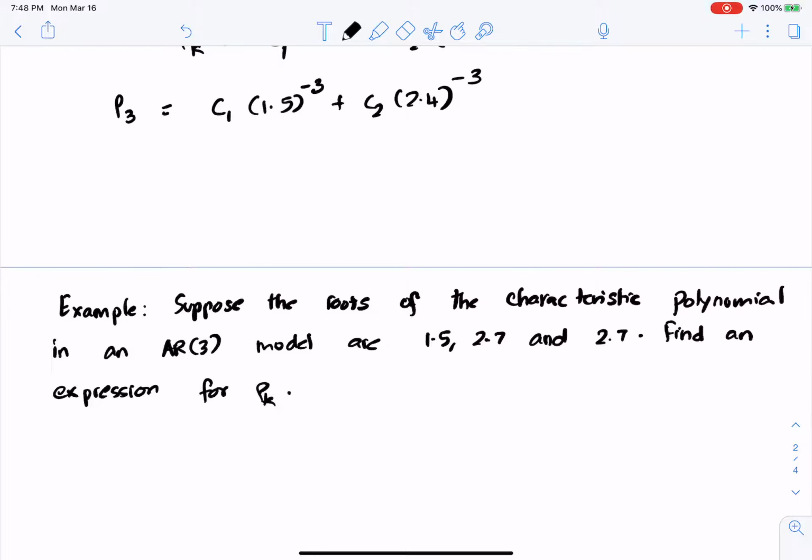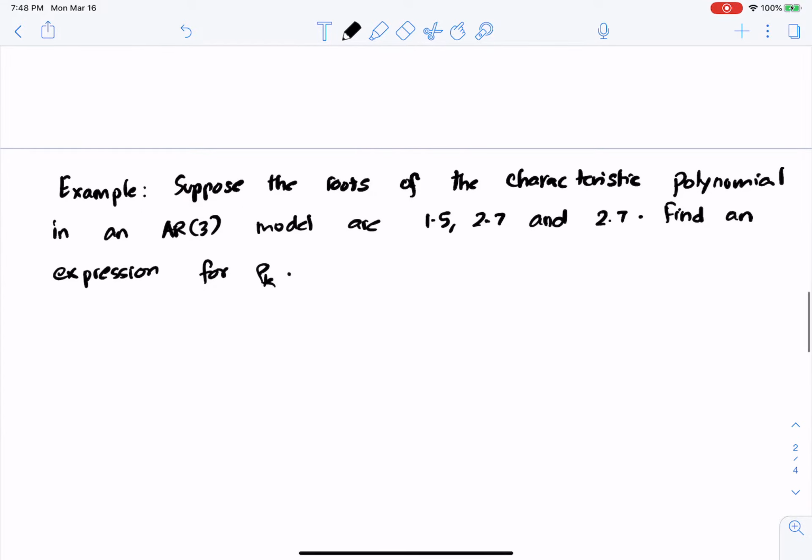So here, suppose the roots of the characteristic polynomial in an AR(3) model are 1.5, 2.7, and 2.7. We have to find an expression for rho k. So we have two distinct roots. The first root is 1.5.